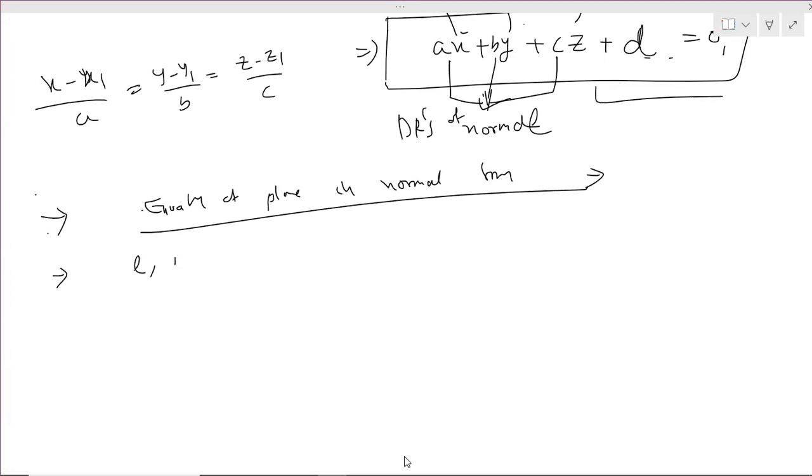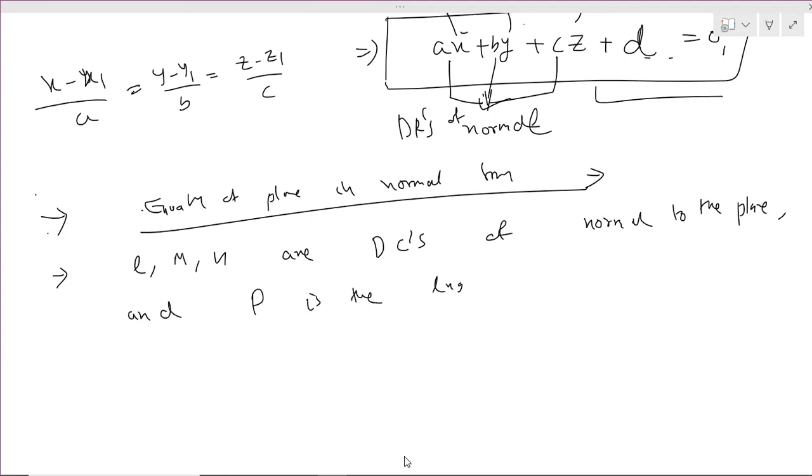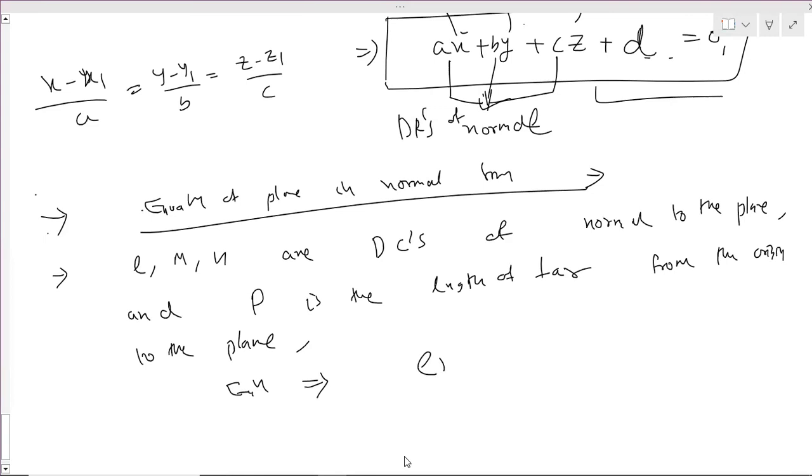Suppose l, m, n are direction cosines of the normal to the plane, and p is the length of the perpendicular from the origin to the plane. Then the equation is lx plus my plus nz equals p. Very important.